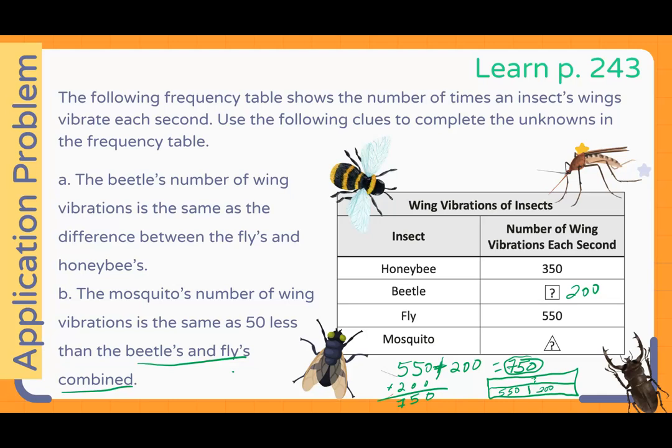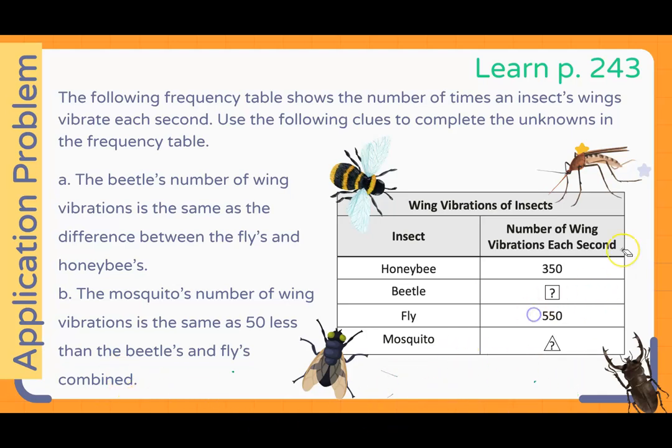So now that we have that, I'm going to erase. I'll leave that one there too, so we know it's 200. Now let's go to a strip diagram again. We know the total is 750 combined.